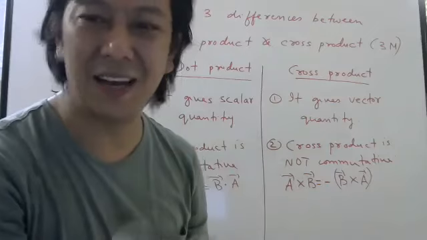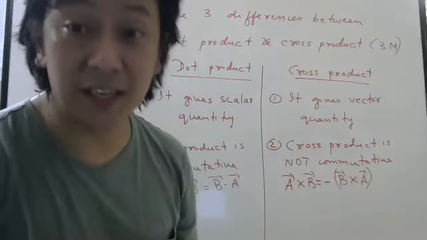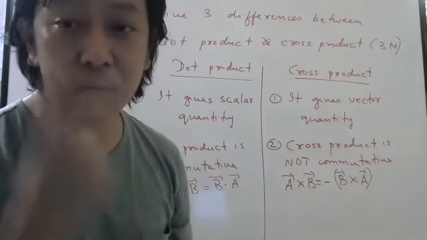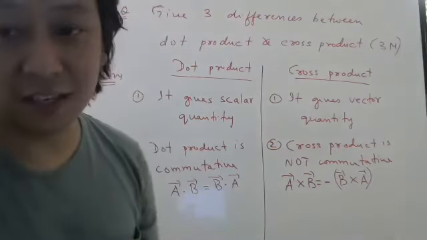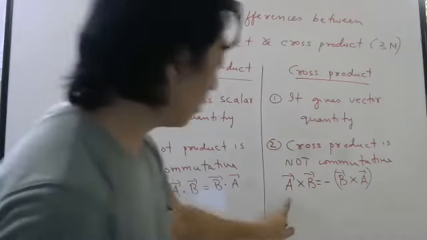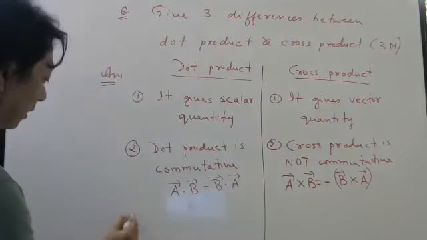AB sin theta, BA sin theta. So magnitude I don't care, but they are vectors. So direction wise it will be different. And you know already, if two vectors are equal in magnitude, opposite in direction, what kind of vectors we call them? Negative vectors. So A cross B will be minus of B cross A.